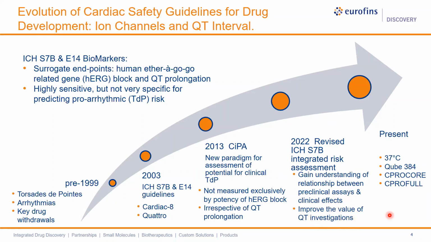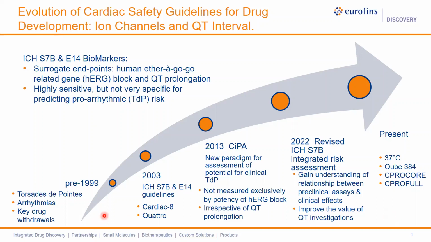Before, let's say four years back, the ICH S7B guidelines were only used to take drugs to first-in-human studies. Once a drug went to first-in-human, then E14 took over and ignored the ICH S7B guidelines completely. During the annual reviews, after 10 or 20 years, there was back and forth between non-clinical and clinical, and they found the value of preclinical assays. Now they emphasize that to even do the QT investigations, you need to take preclinical assays into account, as a way forward for the integrated risk assessment.